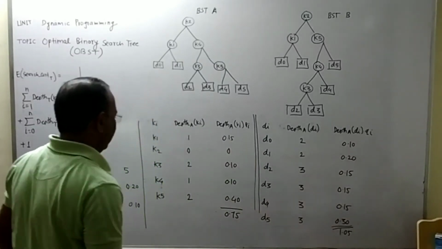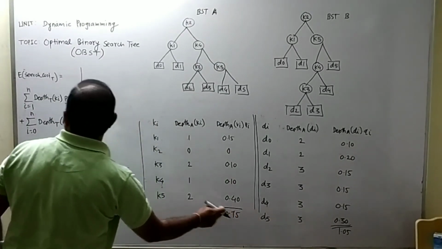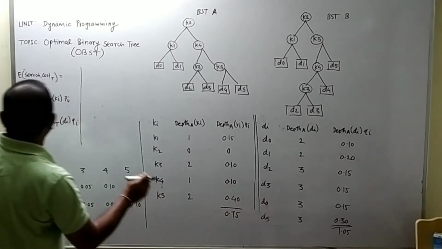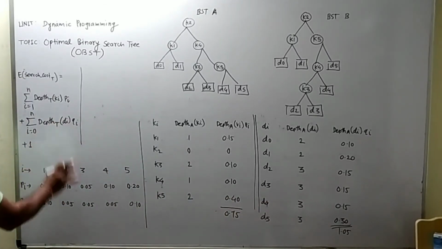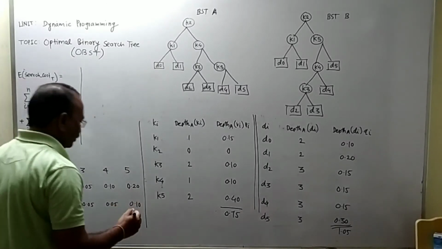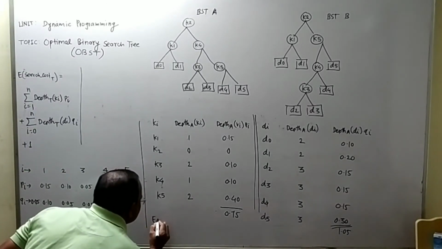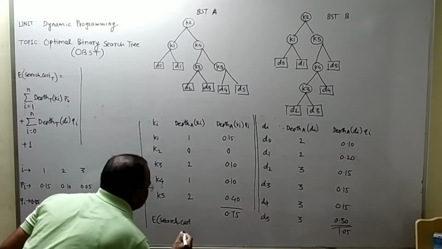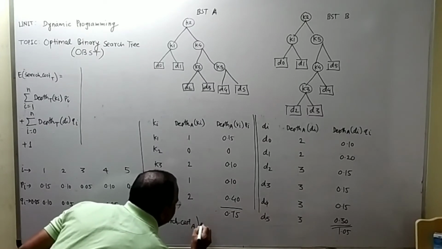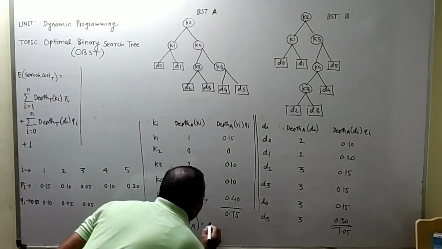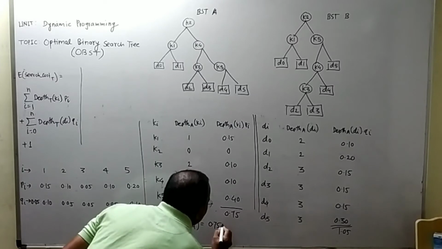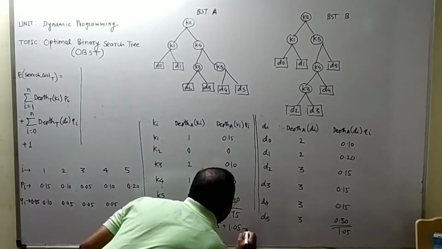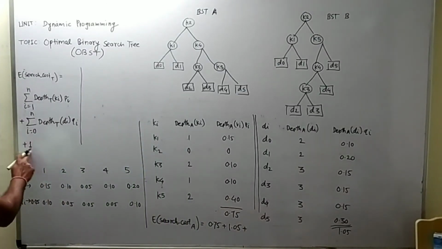1.05. Here 0.75 is the value of this term, and 1.05 is the value of this term. Then the expected search cost of BST-A is equal to 0.75 plus 1.05 plus 1.